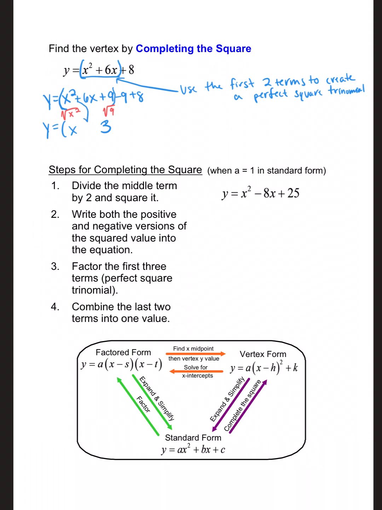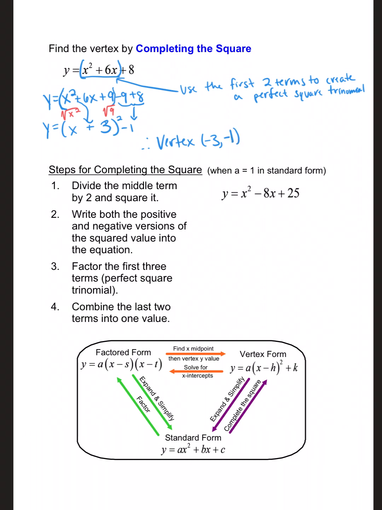And then I'll bring down that sign from my middle term. So I'll have x plus 3 squared. And then I just need to combine this stuff that's on the outside of my brackets. So a negative 9 plus 8 is going to be a minus 1. So we can say our vertex is at negative 3, negative 1.